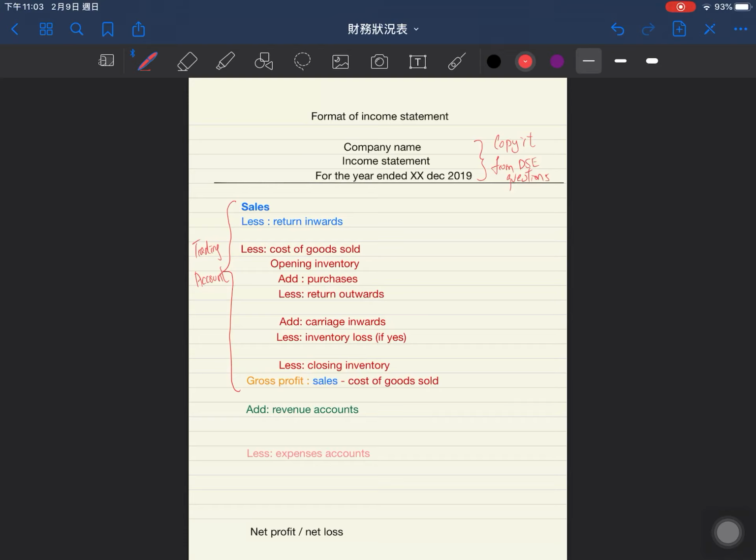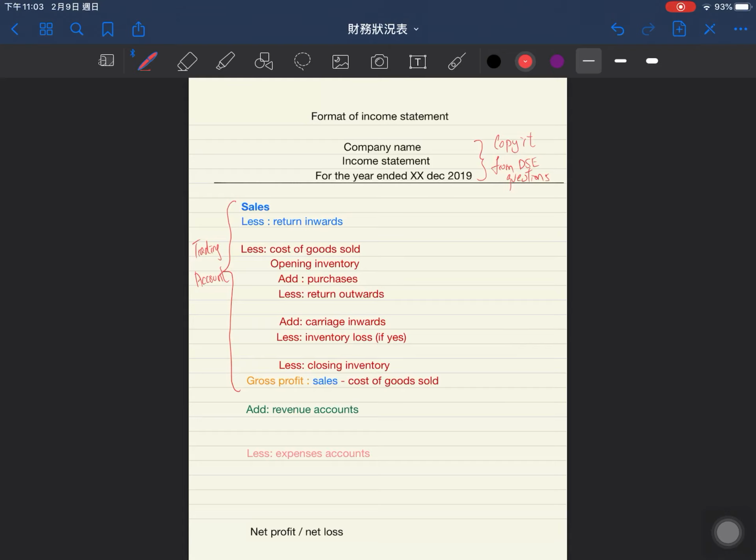And sales return, that means the customer returns goods to us because maybe the goods are broken or they don't need them.